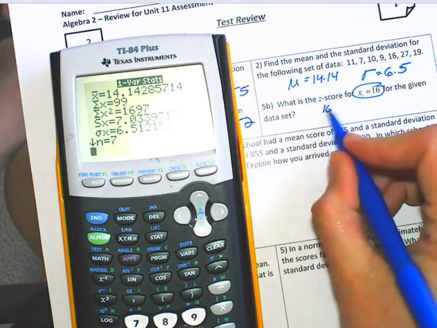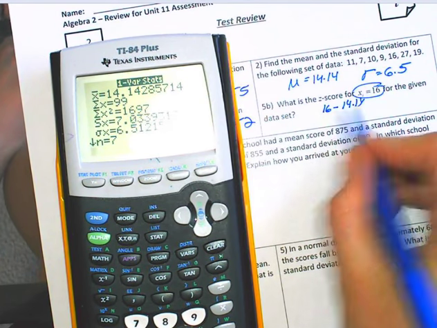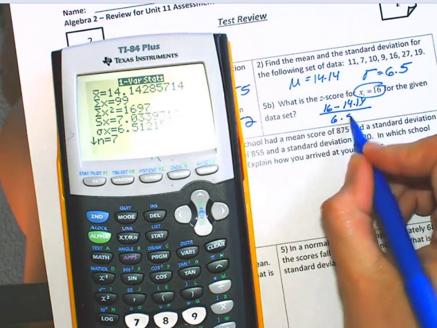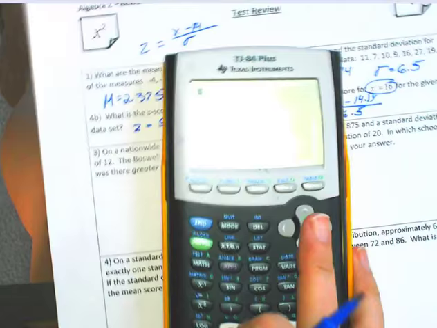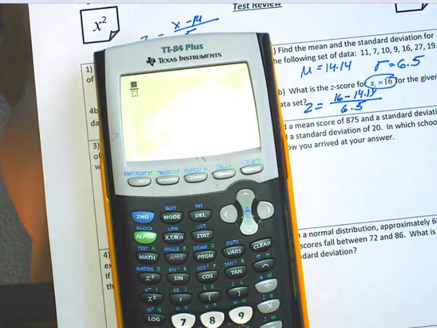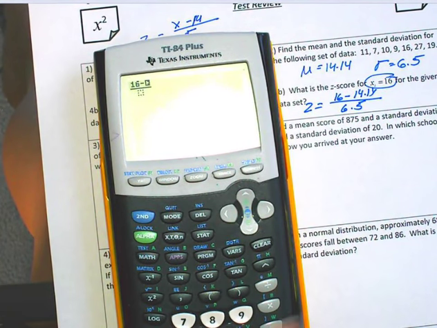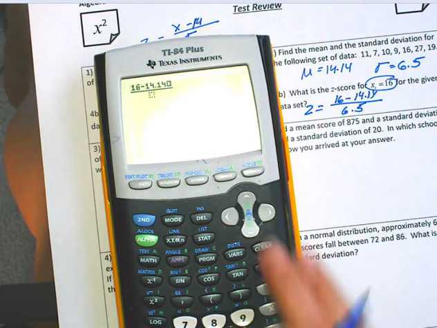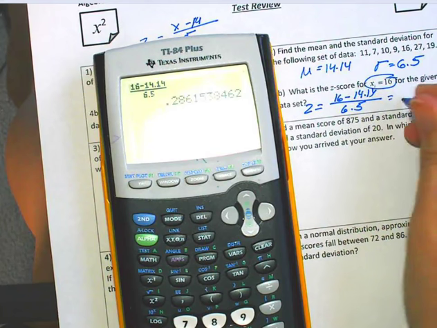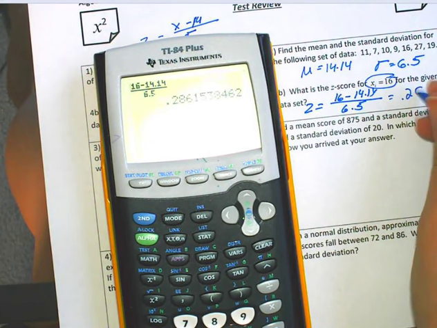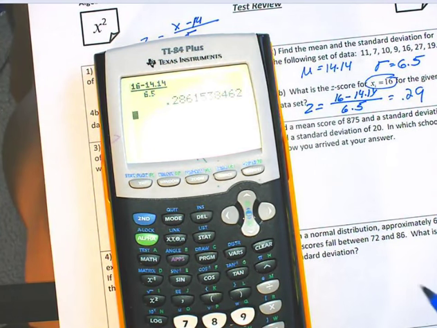So 16 minus 14.14 over 6.5. Put that all in the calculator. Alpha y equals 16 minus 14.14 over 6.5. Enter. So a z-score of 0.29 if we're rounding to the nearest second decimal place.